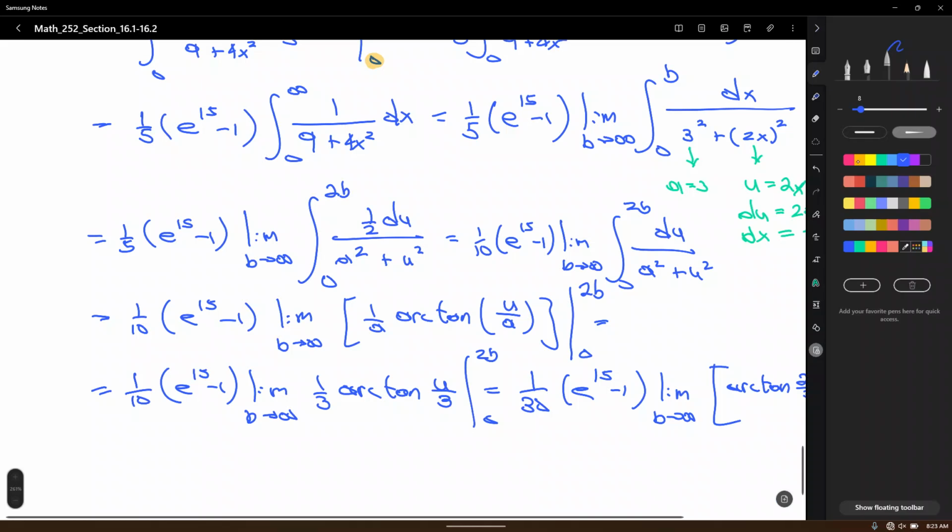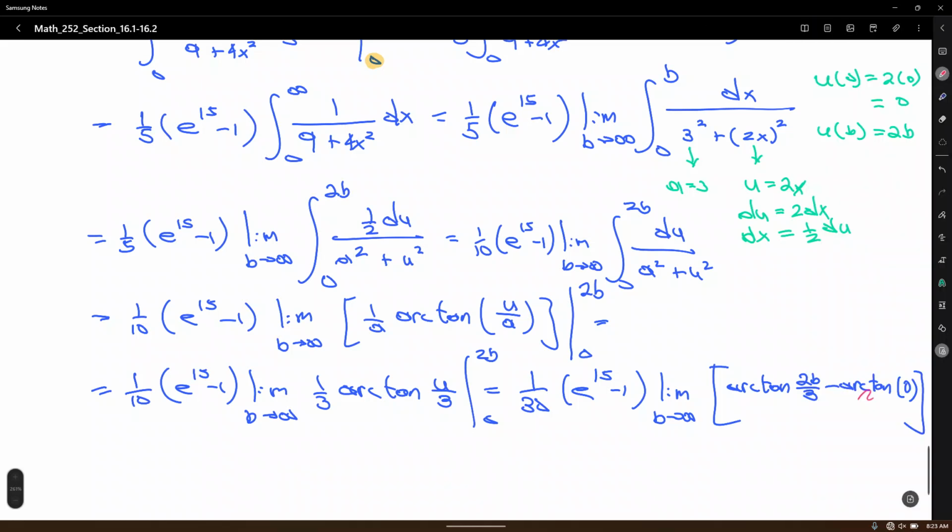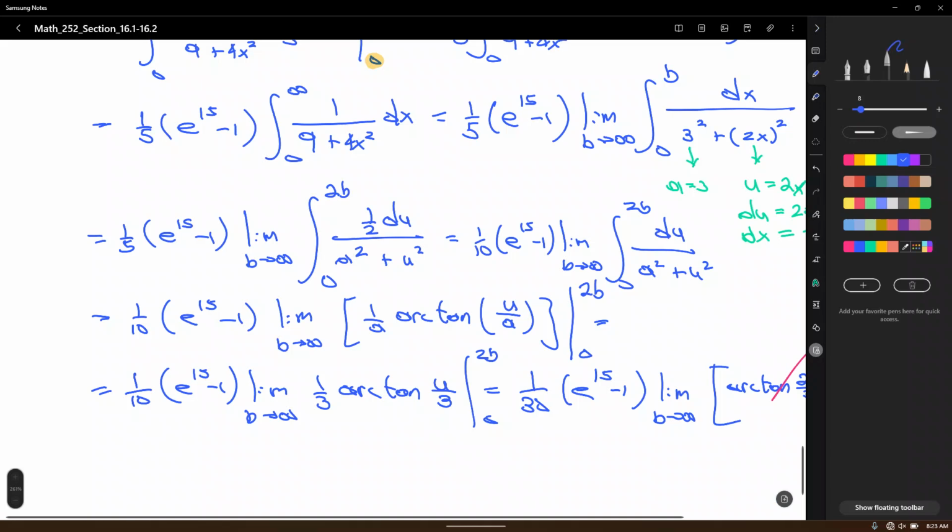Okay, let's simplify all this. Arctan of 0, we know that's 0, right? What about the other arctan? Well, in this case, we're approaching infinity. So 2 times infinity over 3 is still infinity. We don't know how big the infinity is. Well, what is arctan when it's approaching infinity? Pi over 2, all right? Okay, simplify.